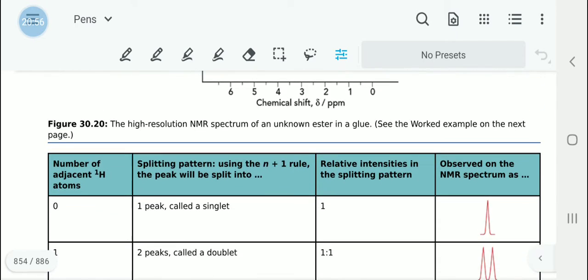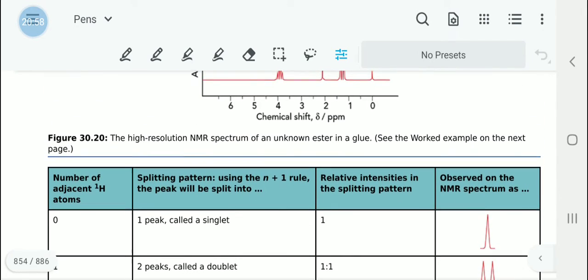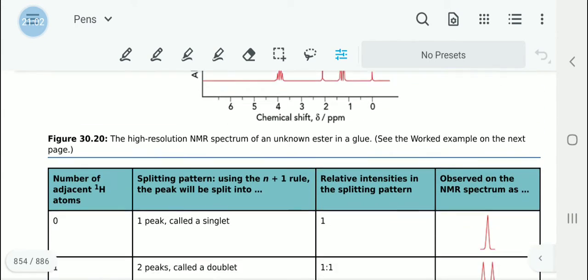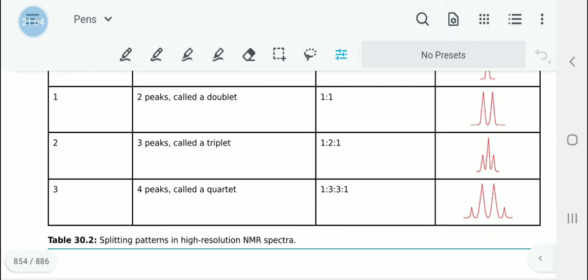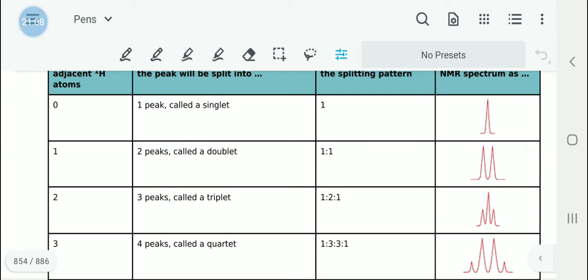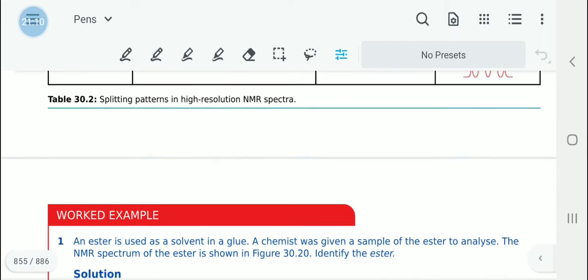So I suppose that you understood this. If you did not, please let me know and I will explain it further. Please write this down: Table 30.2. Then it will be easier for you to understand.